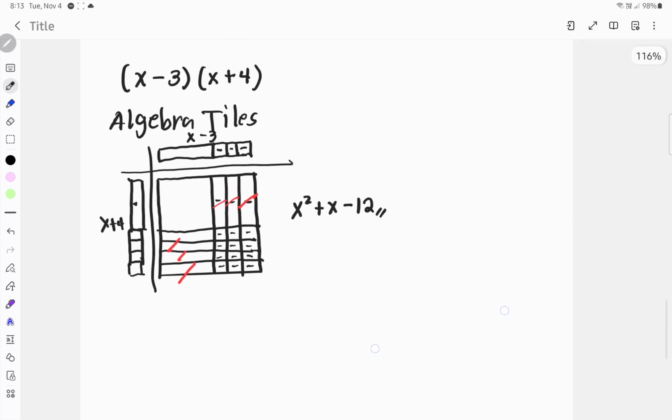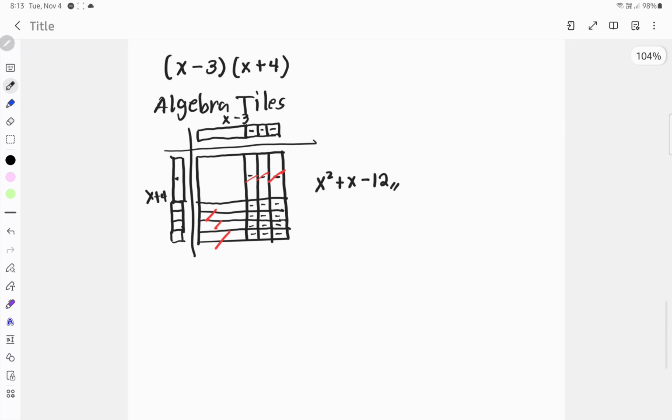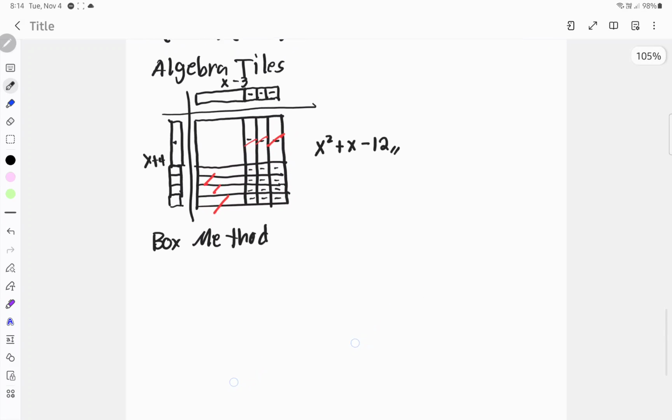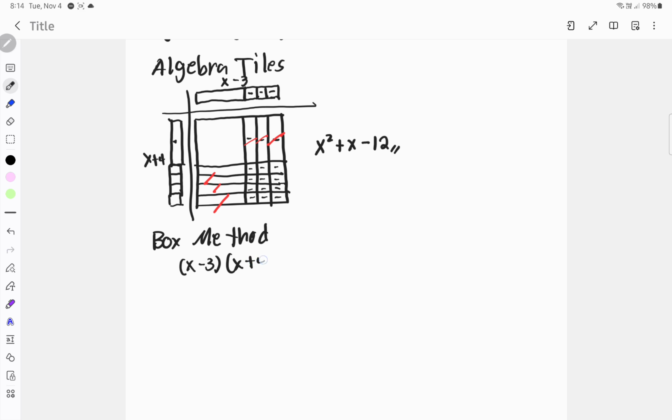Make sense? Now, let's go to another method, which is the box method. Again, since we're multiplying a binomial by a binomial, the given is x minus 3 and x plus 4. Once again, you create a 2 by 2 table, or what we call the box, and put headers: x and negative 3, x and 4.